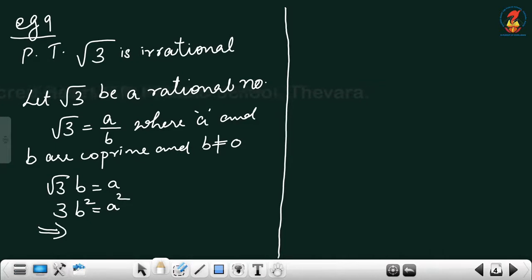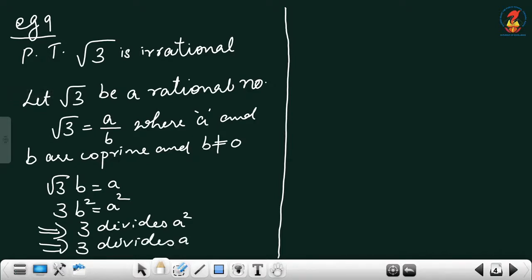This means that 3 divides a square. 3 divides a square implies 3 divides a. So we can write a as a multiple of 3, that is 3c for some integer c.